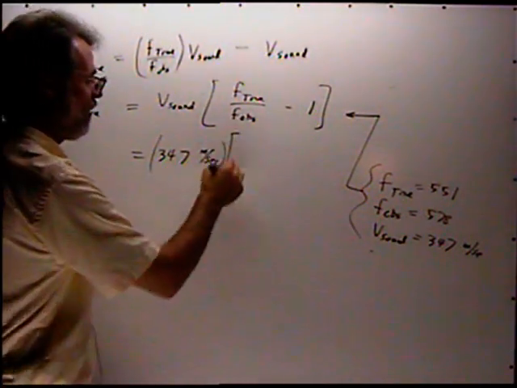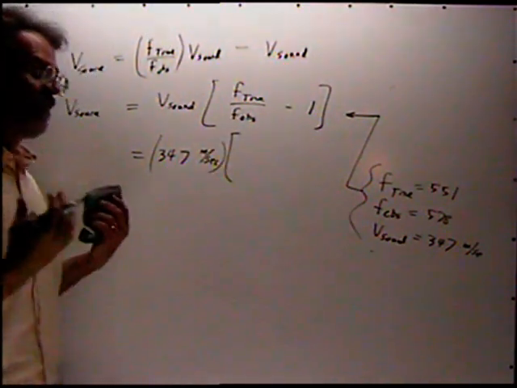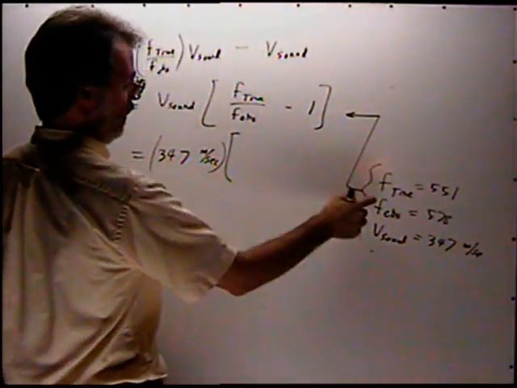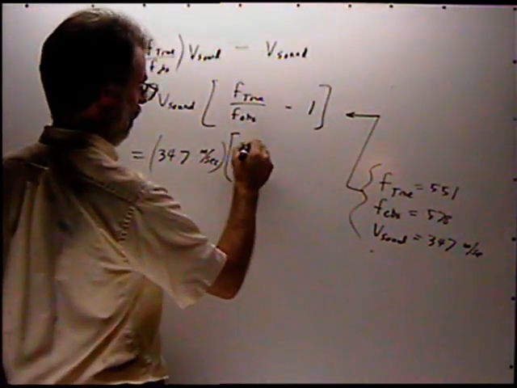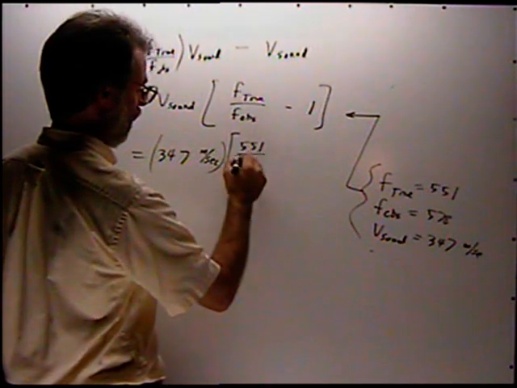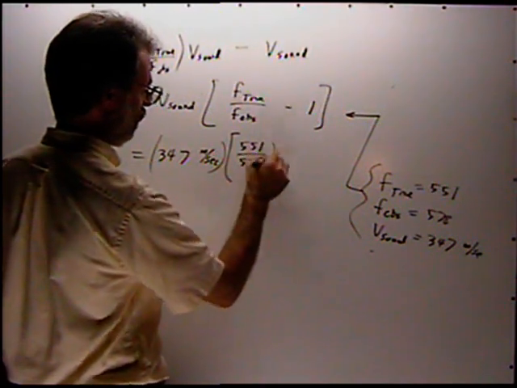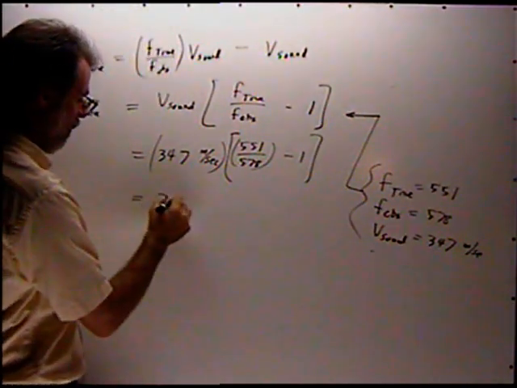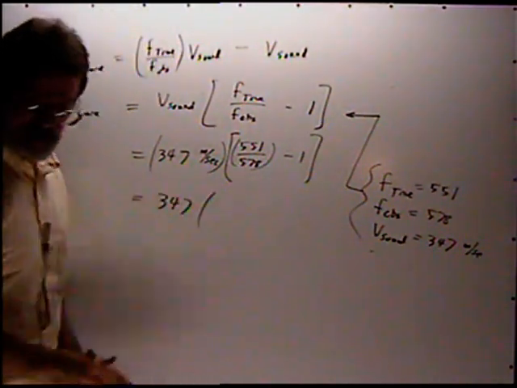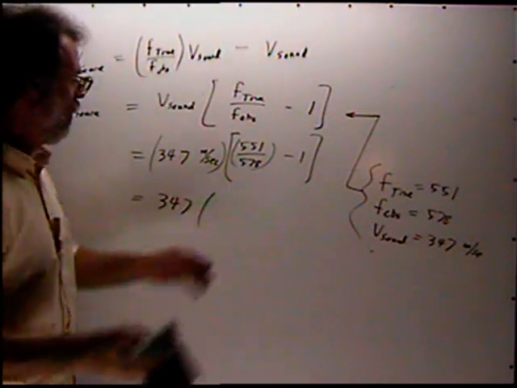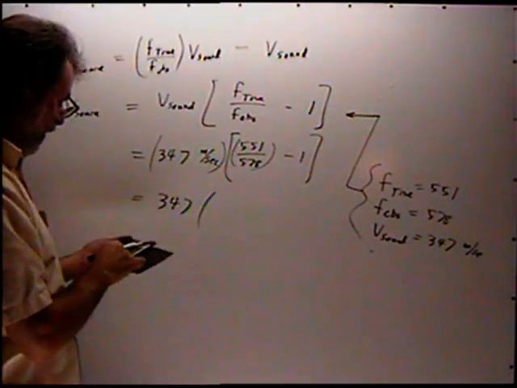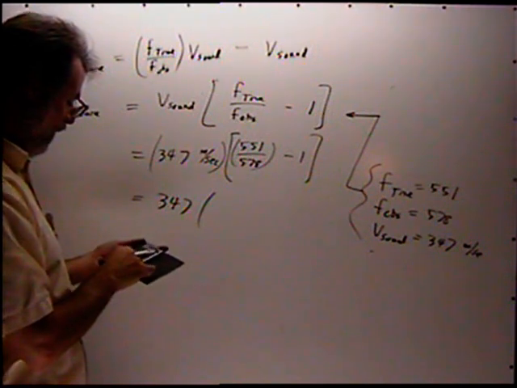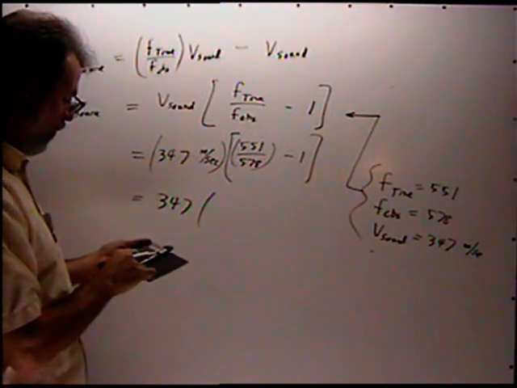So I'm much less apt to make numerical errors here. 551 hertz divided by 578 hertz minus 1, times 347. Here, this ratio, 551 divided by 578, and then I subtract 1.